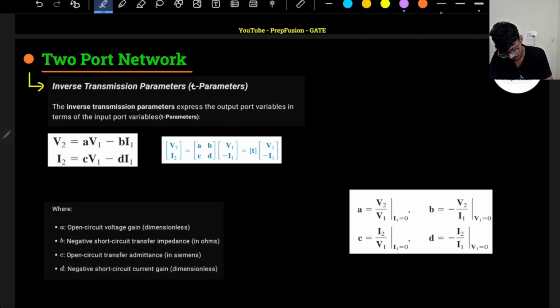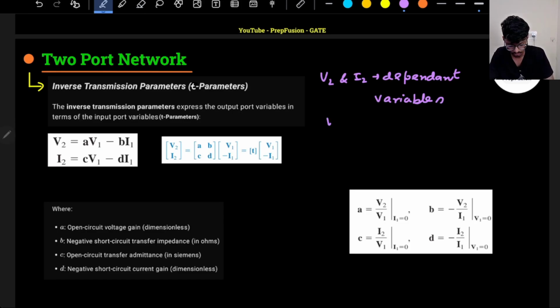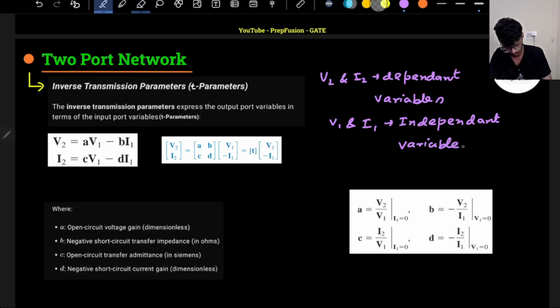Basically my V2 and I2 will be the dependent variables, and V1 and I1 will be the independent variables.